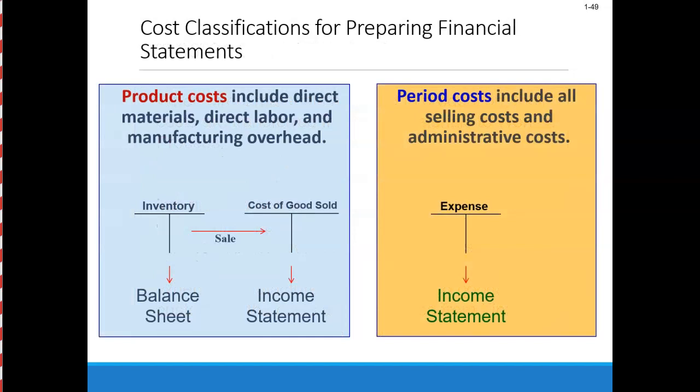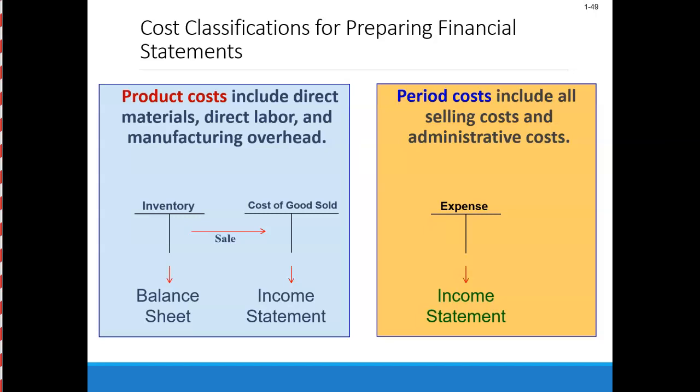So, cost classifications for preparing financial statements. We understand that as long as goods are sitting in inventory, they're an asset or a resource, and they will stay on the balance sheet.